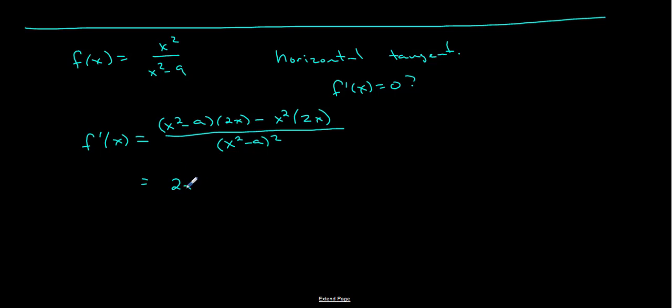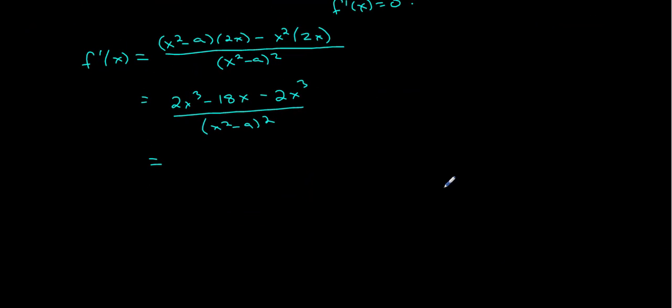So that'd be 2x cubed minus, not 9, 18x. And then was that minus 2x cubed again? Which means x squared minus 9 squared. It's kind of convenient, huh? Simplifies kind of nicely, I believe. And it looks like our simplified derivative will be negative 18x all over x squared minus 9 quantity squared.